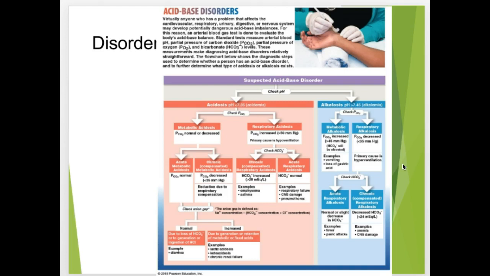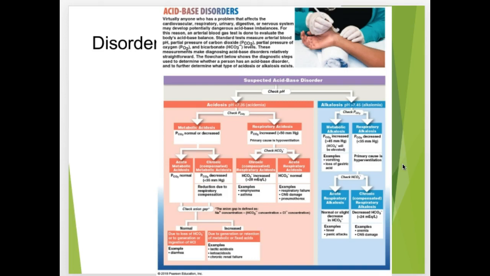The flip side of that is if you have too little or too much base, this is a metabolic issue. So anytime we see CO2, think respiratory issue. Anytime you see bicarbonate, HCO3 minus, think of this as a metabolic issue.